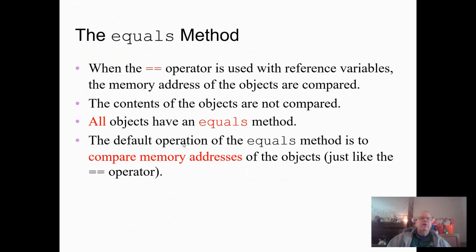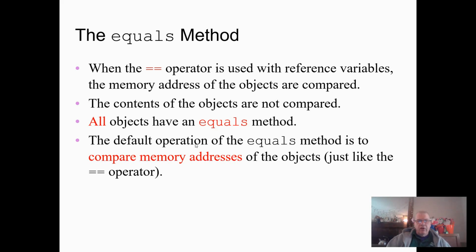Now there's also another commonly used method that has its default in the object class, and that's the equals method. Now in Java, I've said this many times before, but the equals operator is used in two different ways.